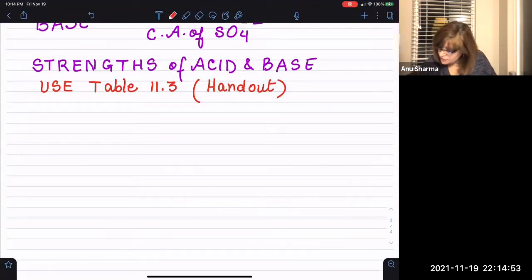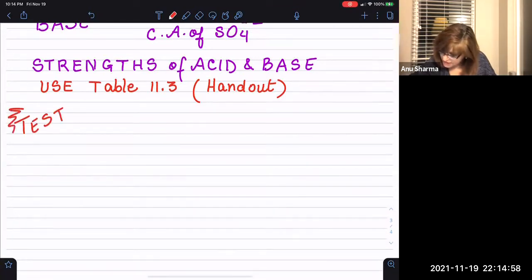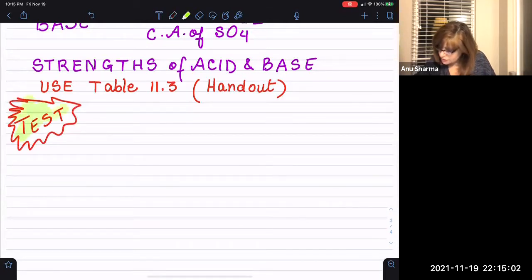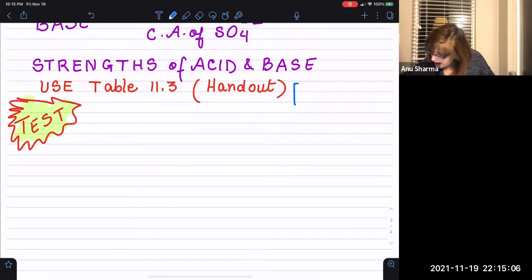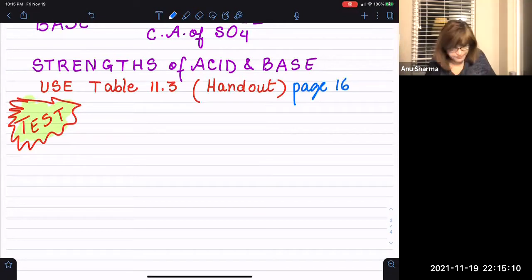I'm just letting you know that this is going to be on the test: determine the direction of the equilibrium, which side it is going. This was on page 16, okay? So first of all, write this formula.